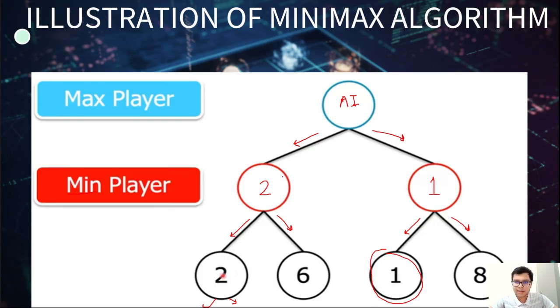The AI is working to maximize the score, so it would definitely choose this node, and the value here would come out to be 2, which is the final result. So we also got the path through which the game proceeds, which was this one.